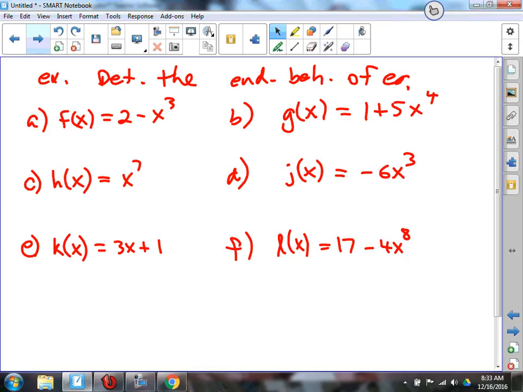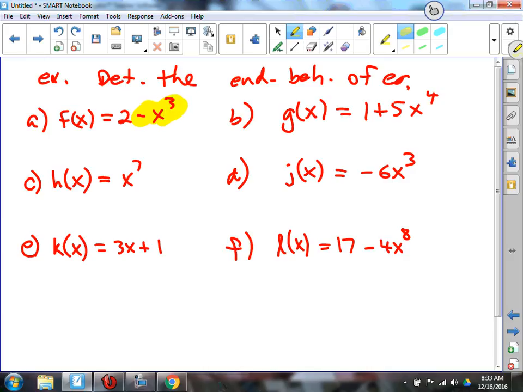So the question is, do they need to be in standard form? No. All we need to look at is the term that contains the largest exponent. So in number A, the only thing we're going to be focusing on is the whole term that has the largest exponent. So are we going to look at the 2 or the negative x cubed? We're looking at the negative x cubed in this one.